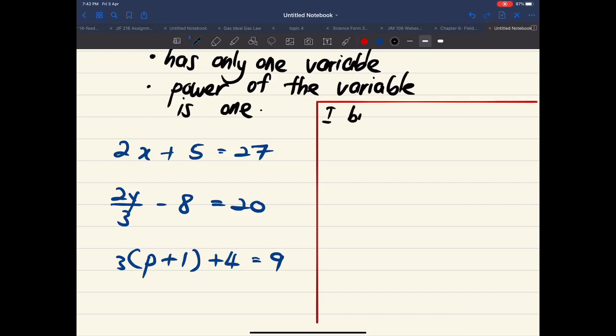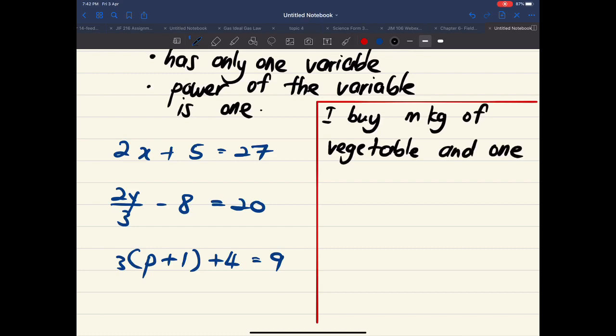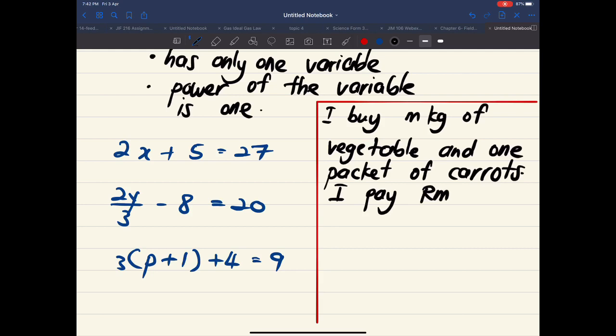So the example is, I buy m kg of vegetable and 1 packet of carrots. I pay 20 ringgit. So what is the linear equation in one variable?